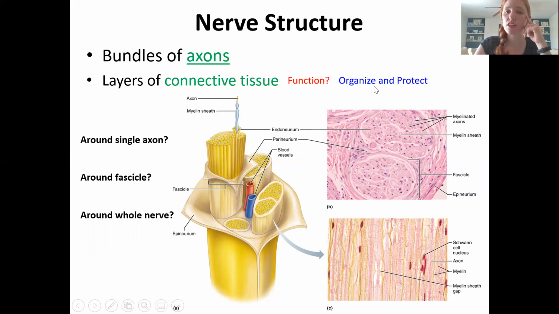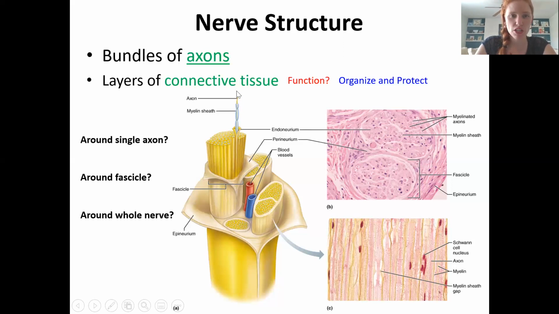But another thing is to keep them nice and straight and organized, so make sure that they reach their destination without getting all tangled up with one another. So you're going to organize and protect them by surrounding them with connective tissue layers. Again, channeling back to your muscle lecture, let's go through the different connective tissue layers.